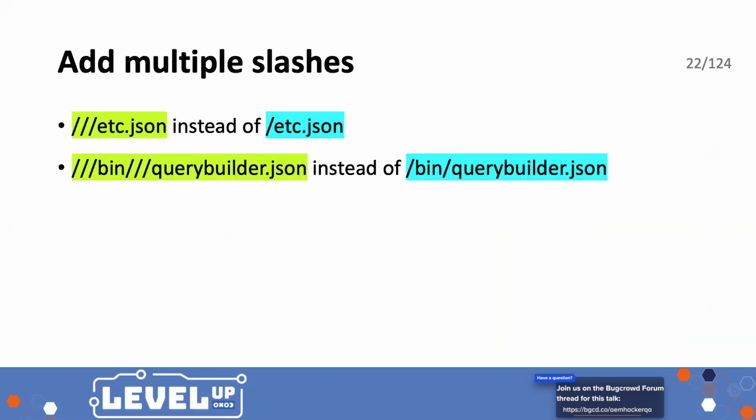In some cases, we can bypass a weirdly configured dispatcher by adding multiple slashes. So if access to /etc.json is blocked, we can try to access 3 slashes etc.json, and sometimes it magically works.